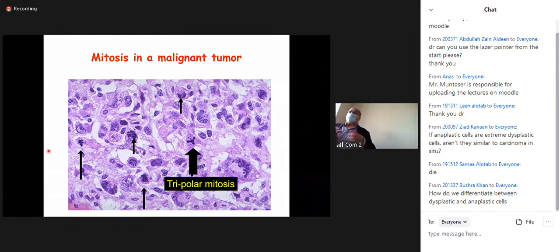So when it starts to divide, the chromatin is going to break, and that's exactly the reason why you're seeing this very peculiar configuration. It may break and become like a smudge cell. It may break in several pieces, like the star-shaped mitosis that you have seen, or tripolar mitosis, as you can see here. So all of those are indications of the fragility of the chromatin of the cancerous cell.